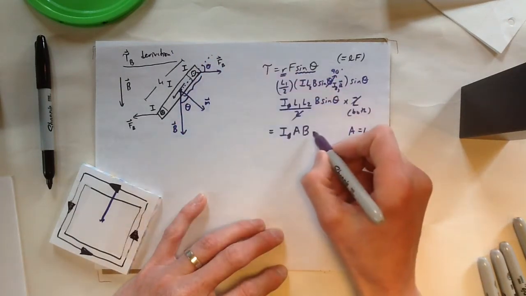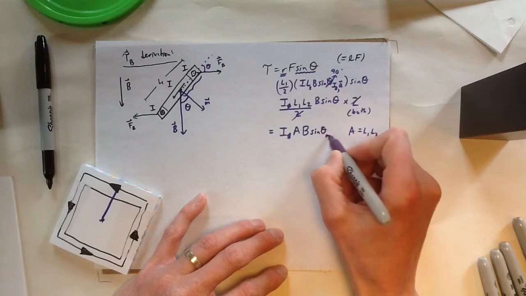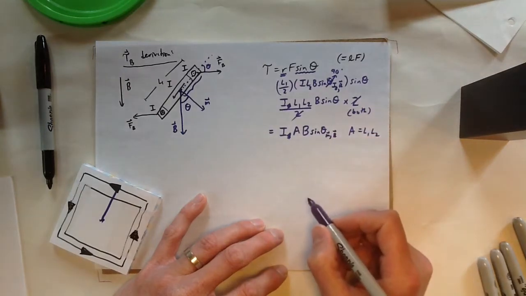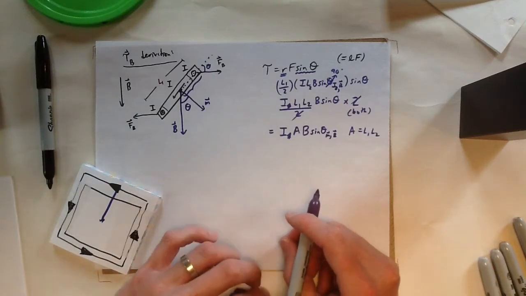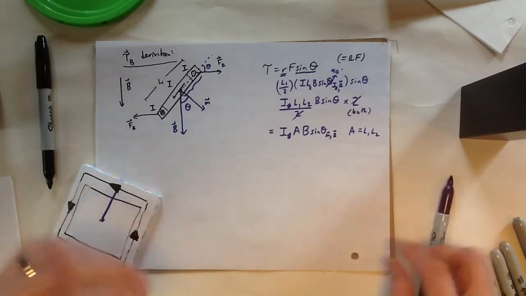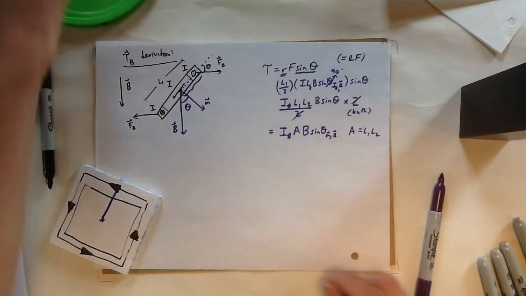So this angle is going to be the angle between m and B.